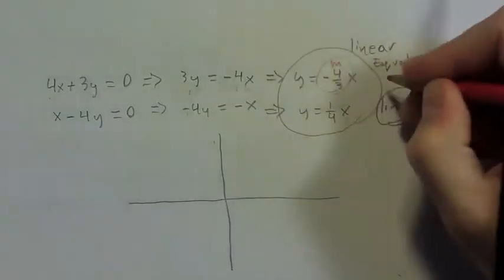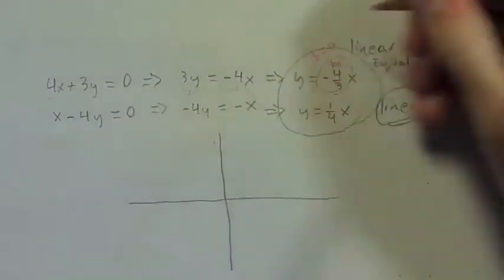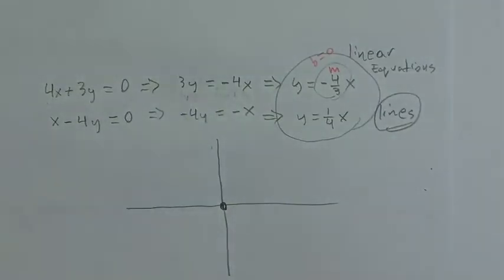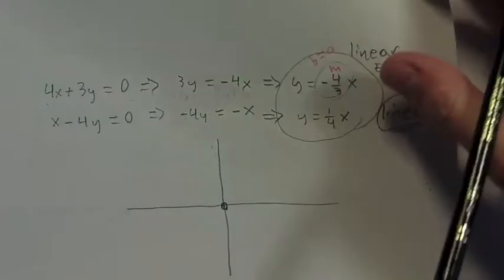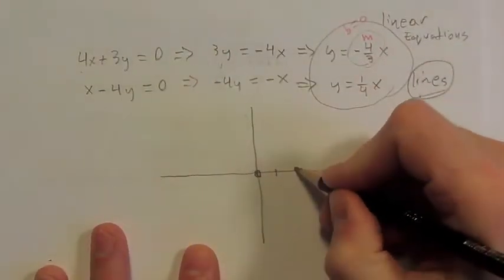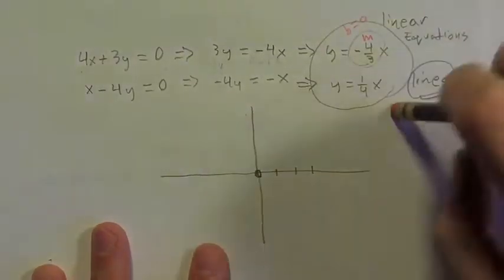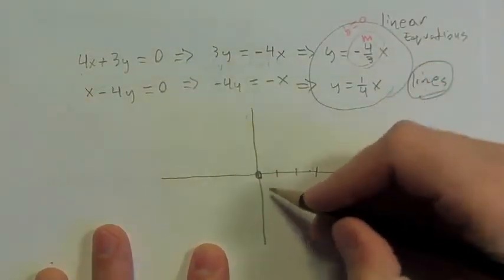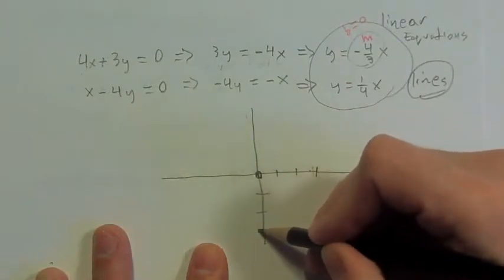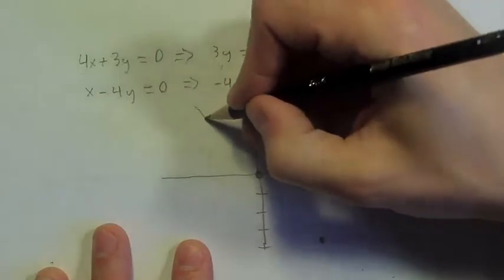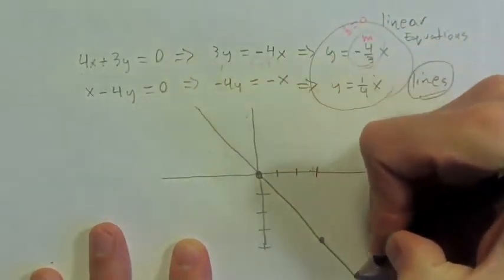So this is our slope and our b is 0. The y-intercept is 0, so it goes through the origin, and it has a negative slope. If we do our rise over run, as it goes out 3, it goes down 4. 1, 2, 3, 4.